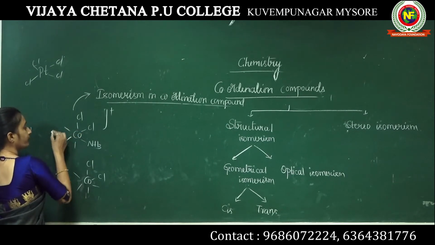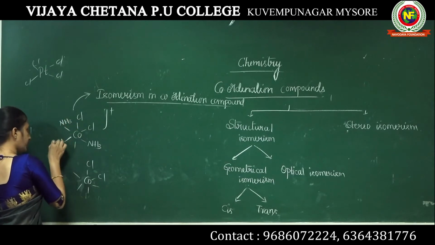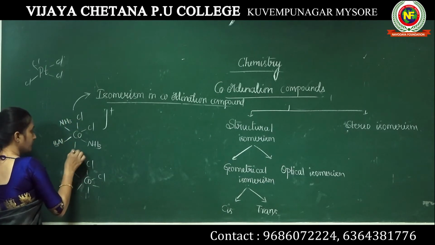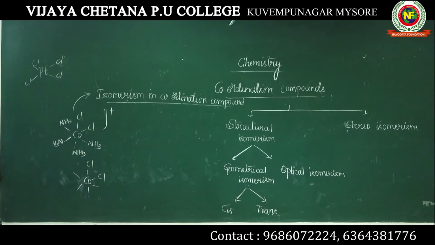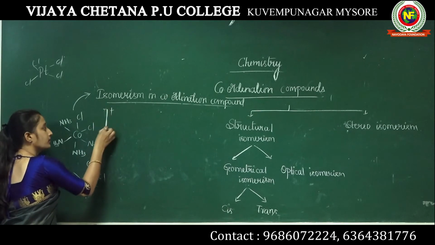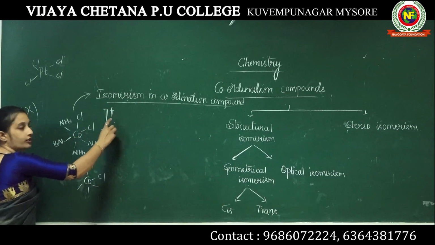So NH3, NH3, NH3. Very simple. Here Y plus, because it's a cationic complex. If you miss this, the answer is wrong.